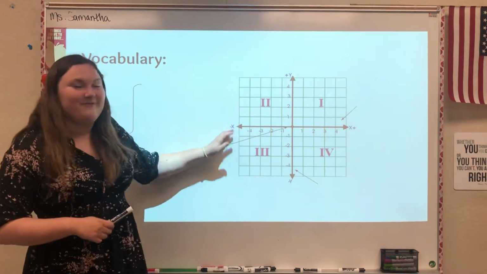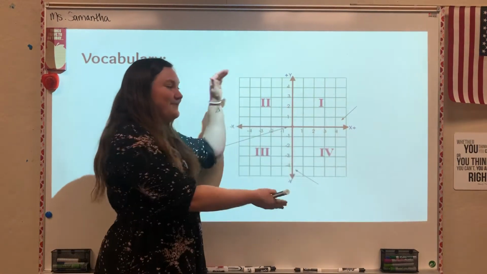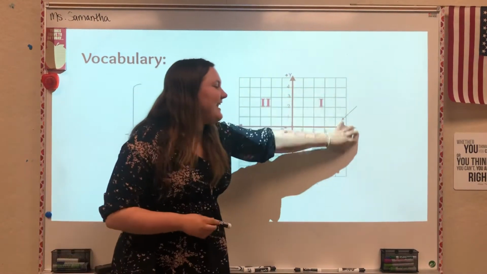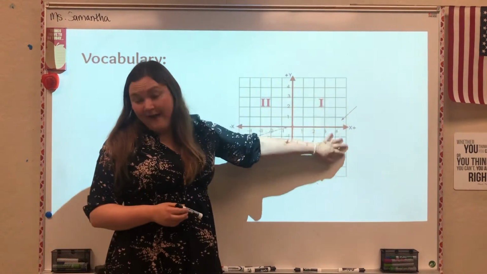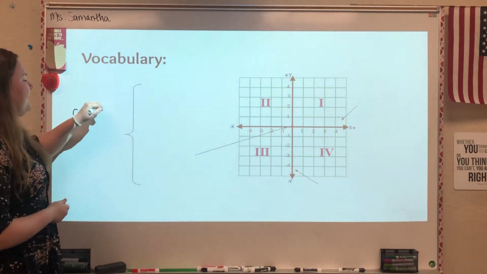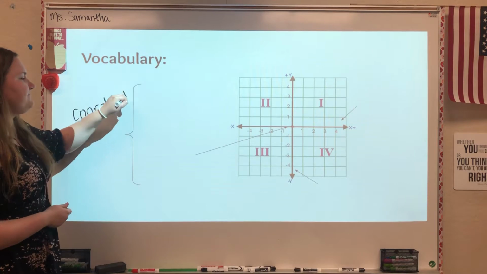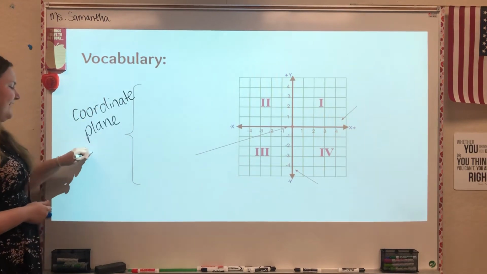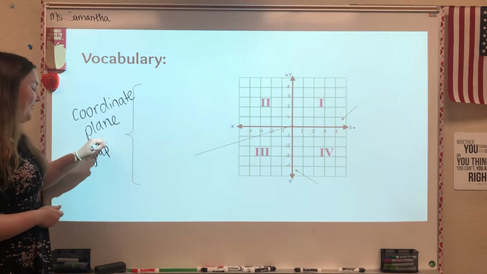So what I'm starting off with is this image here. There's a lot of vocabulary that goes with this image. The first part, this entire thing, or this graph, we call our coordinate plane. Now sometimes I'll get lazy and I'll call it a graph.